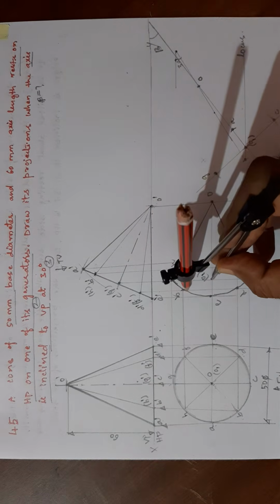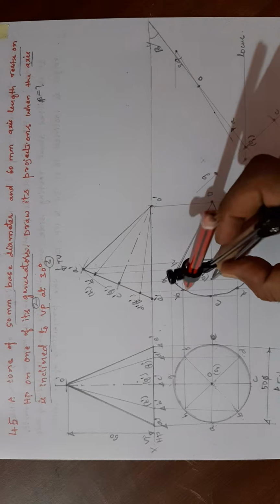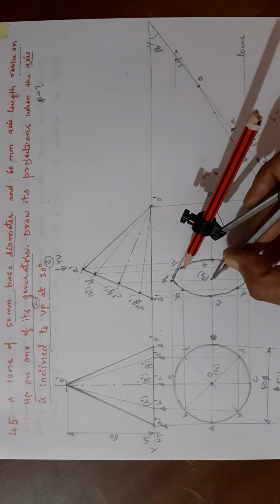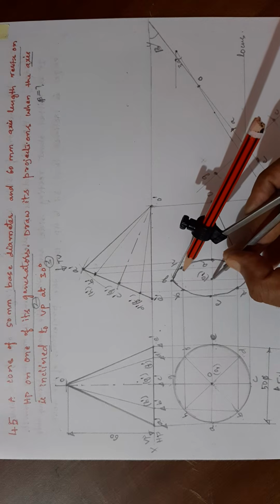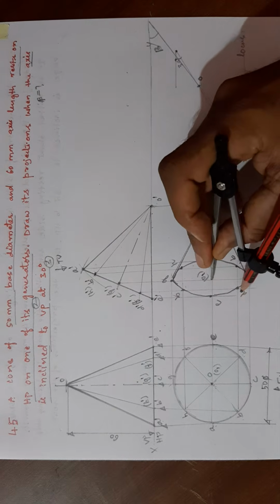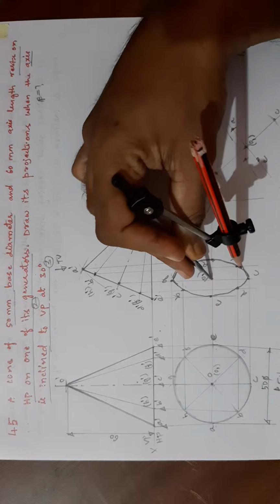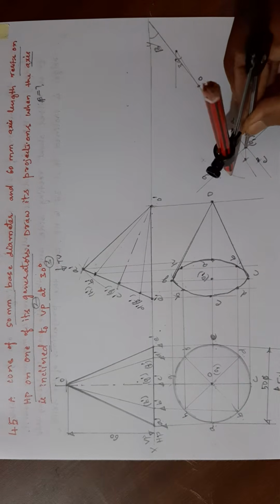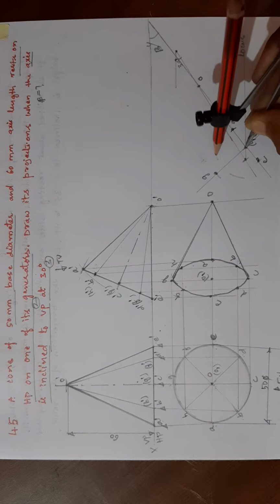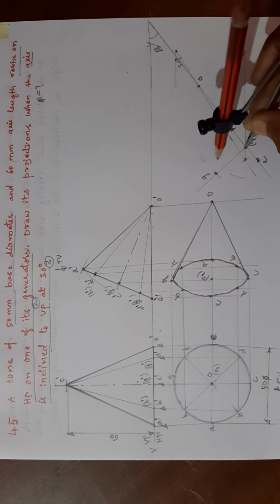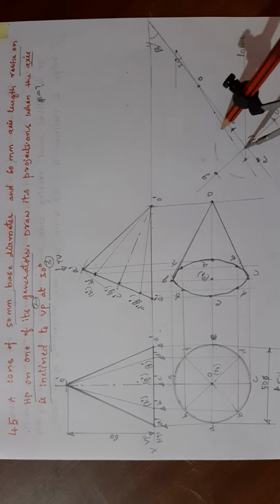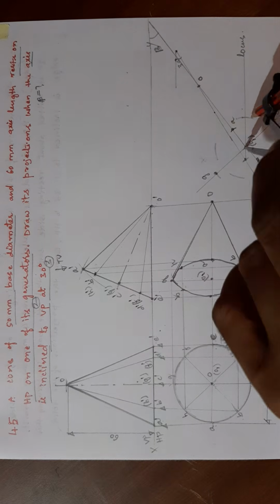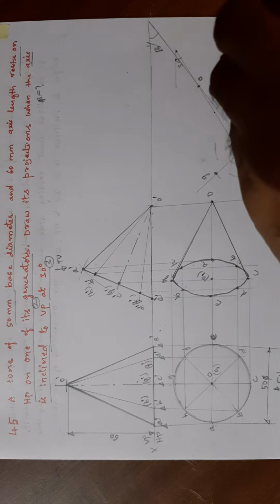So O1F is equal to O1H, equal to O1D and O1C. Therefore, keeping at this point, draw arcs on both sides.